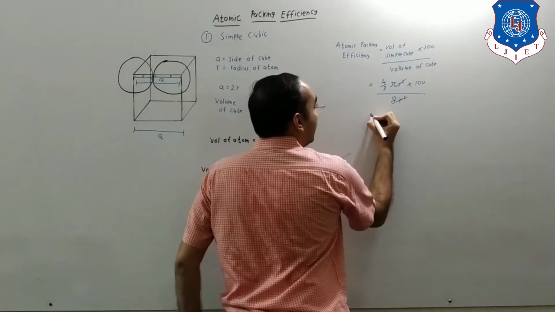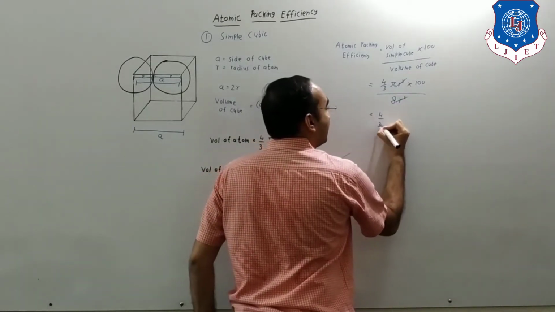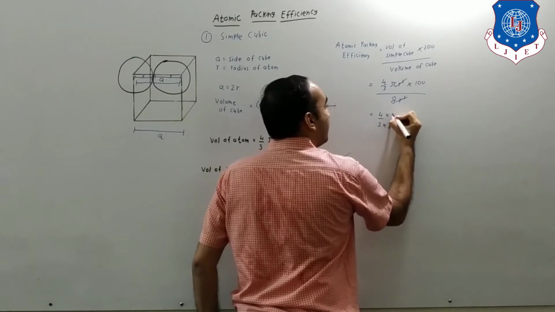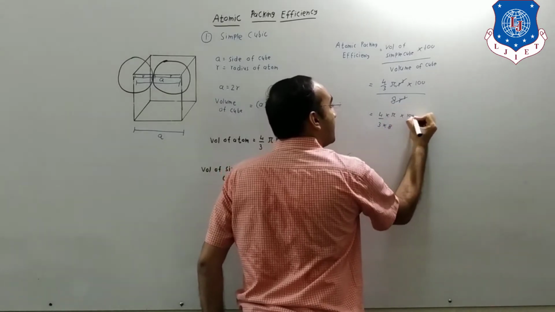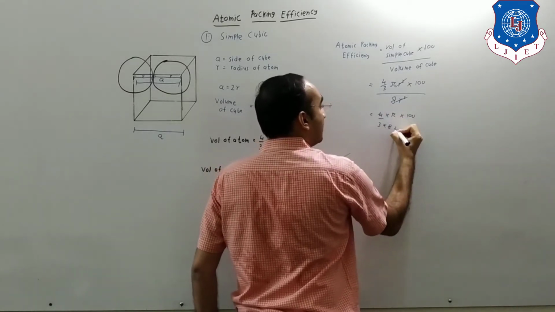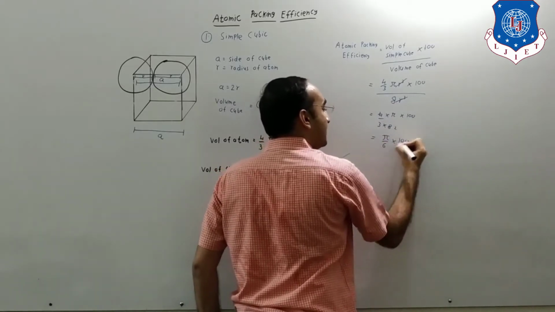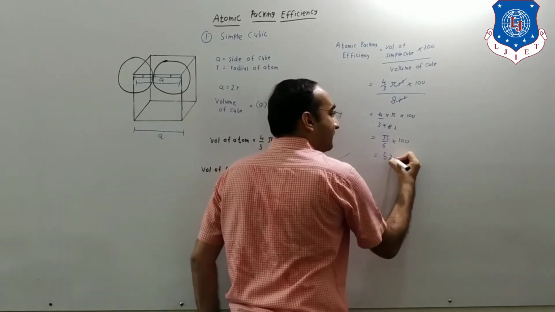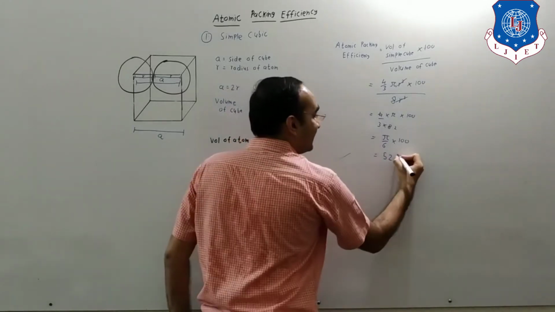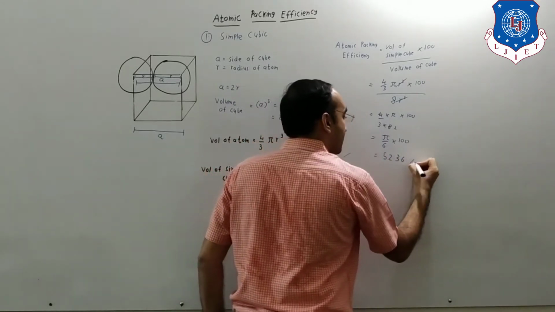So here we are left with 4/3 into 8 multiplied by pi multiplied by 100. So it will be equal to pi divided by 6 multiplied by 100, and it will be equal to 52.36 percentage.